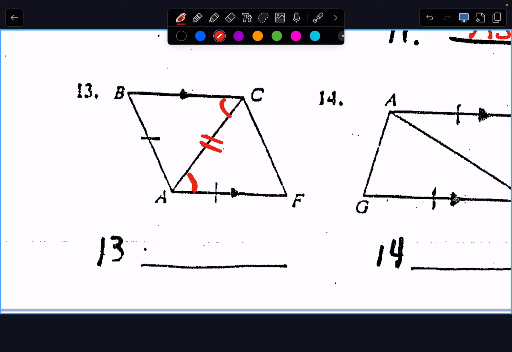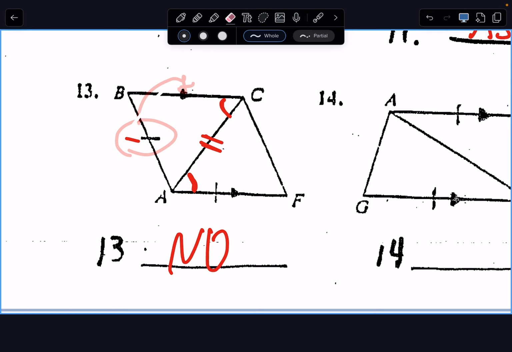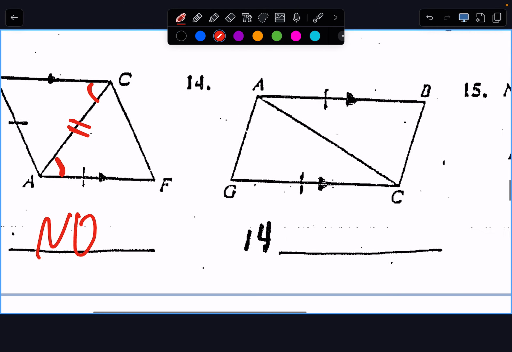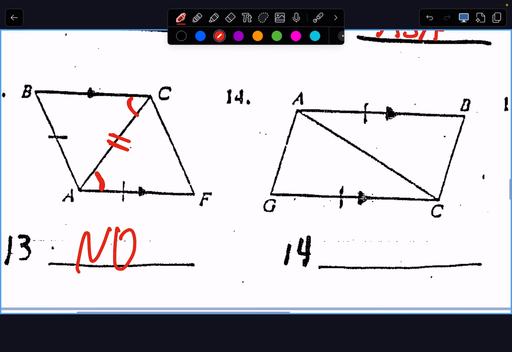Don't you think that the angle is in between the two sides here, but not here? These aren't in the right order, people. We would need this to be marked over here, and it's not.